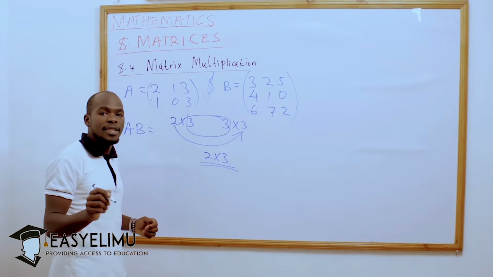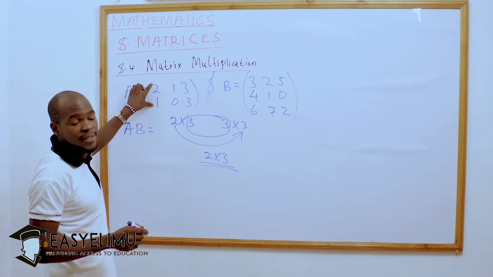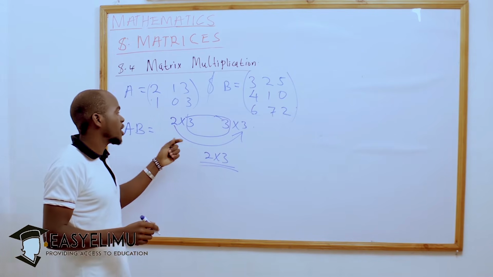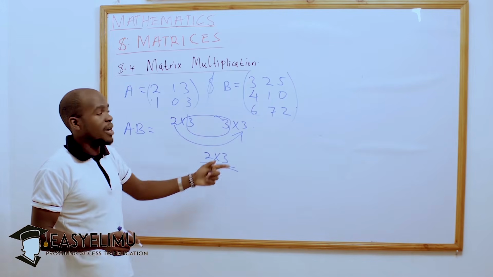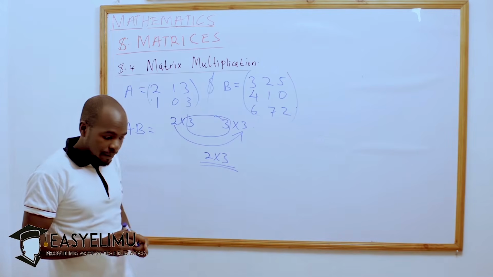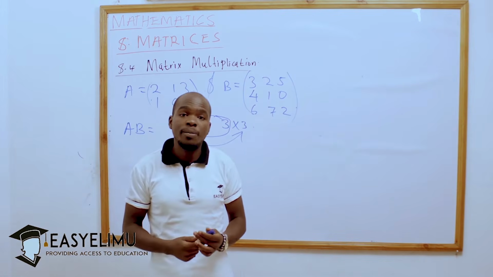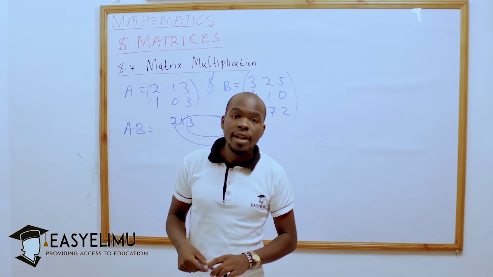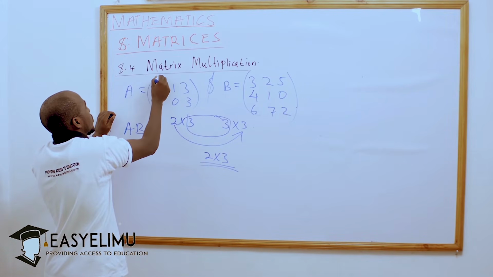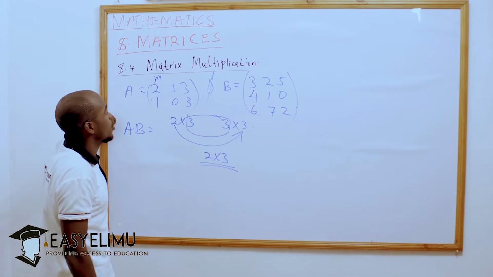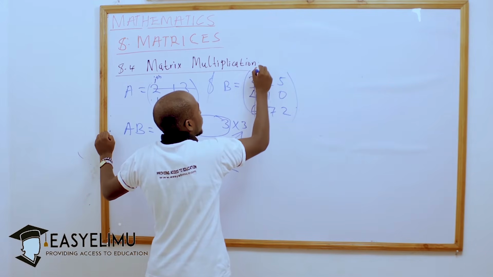So what you will find will be in the form of a 2 by 3, like this one, and that is your result. But what you are going to multiply is a 2 by 3 and a 3 by 3 matrix. So you will have that one. Note that each row is multiplied by each column, and then the ith row, for example, if this one is the ith row, I'm going to multiply this row by the jth column.